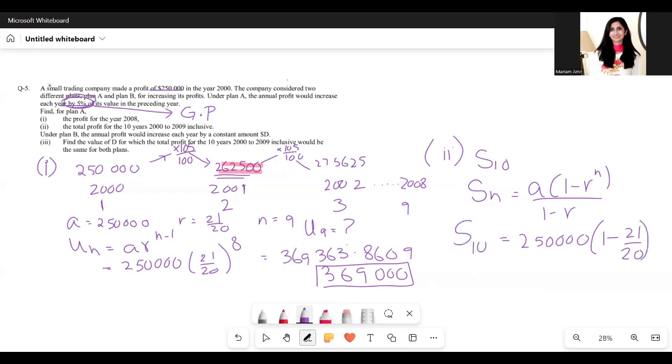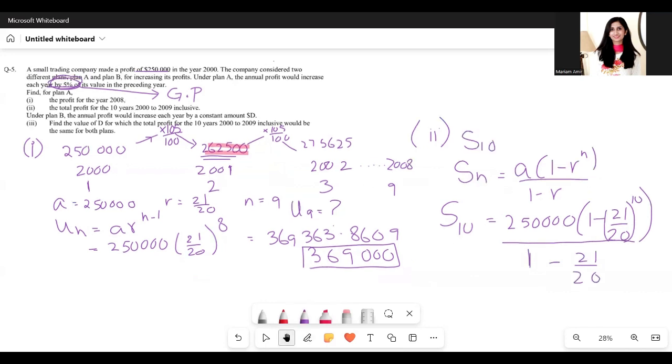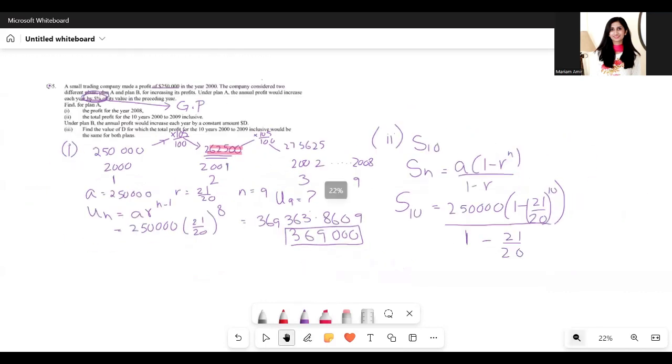So this would be power 10, bracket close, and 1 minus 21 over 20. Carefully enter this in the calculator with the proper brackets and all, and you should get 3,144,473.134.